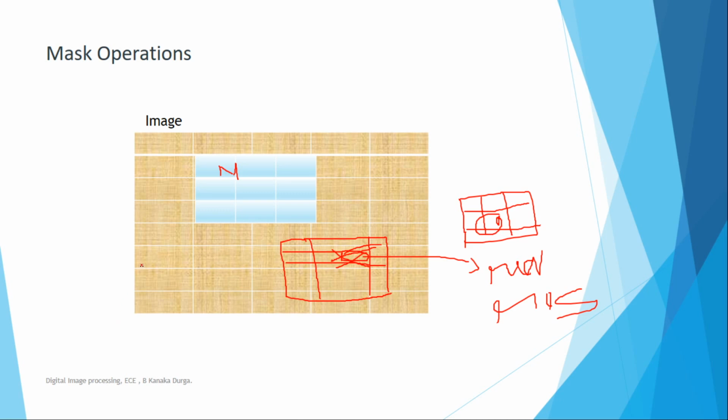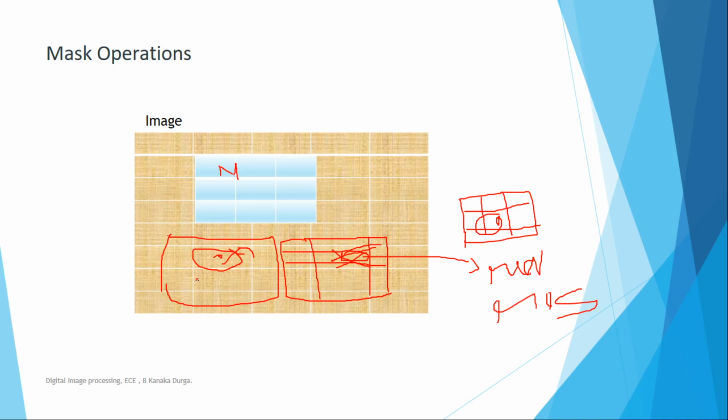Now consider this place. I assume this is the center, and this center has to coincide with this pixel. So I keep the mask like this and calculate the pixel value, and whatever resultant we get has to be replaced.